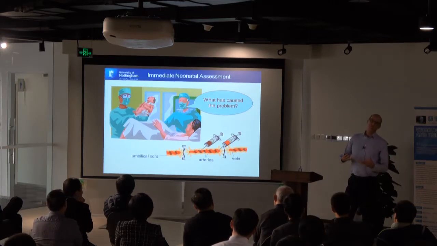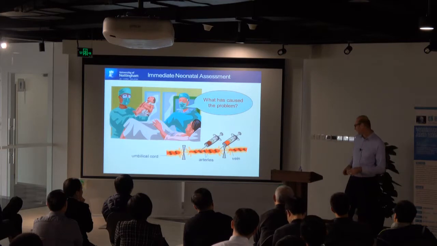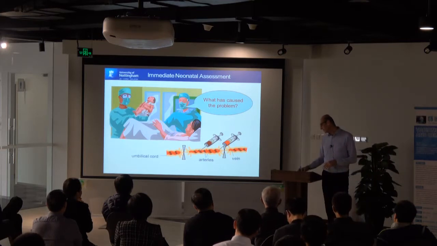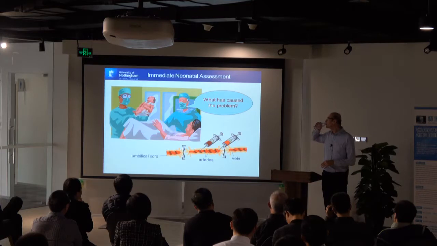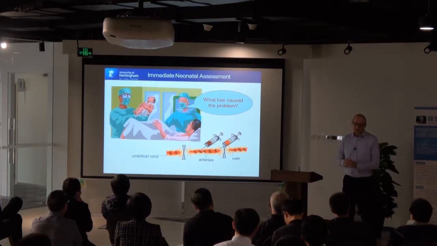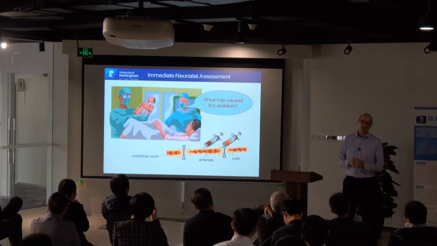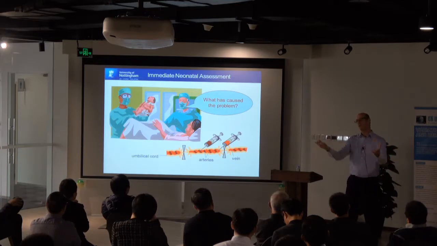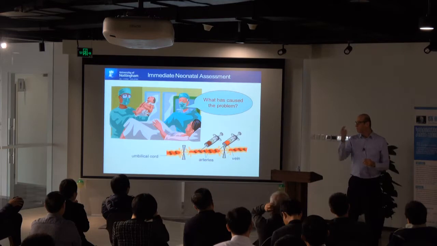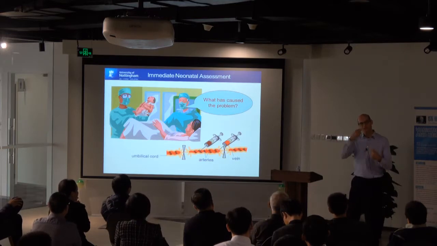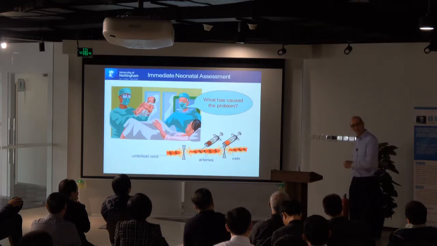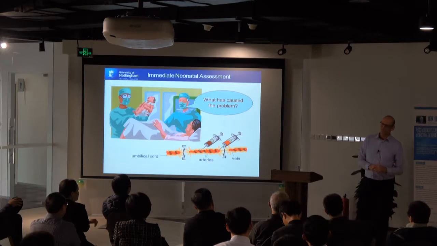Now, just to give some explanation, I'm not going to go into a lot of detailed medical explanation, but the basic principles are that all of us now are breathing in oxygen, our cells are metabolizing oxygen, and we're breathing out carbon dioxide. That's what life needs, metabolism.